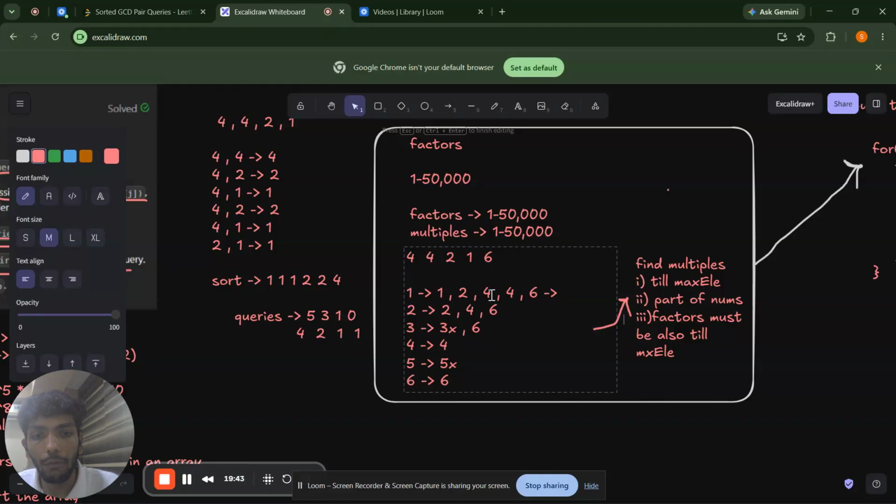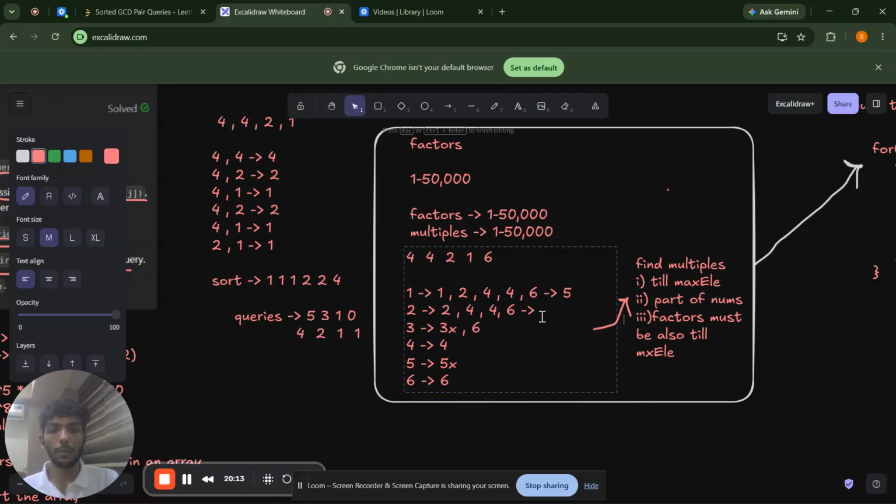Here 1, 2, 4, 4, 6. So 1 is a possible candidate for 5 numbers. Here is 1, 2. 2 is a possible candidate for 2. This 4 is here, but we need to consider this 4 as well, right? So this 4 is also to be considered, 6, 6.